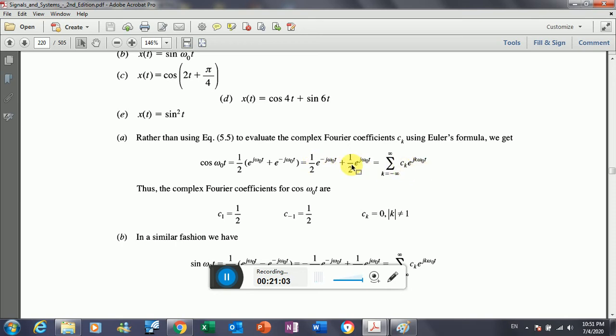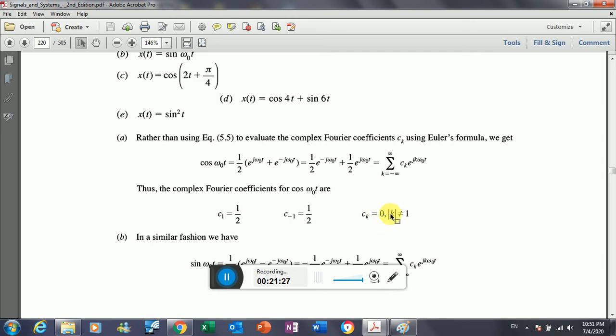So C1 is 1 by 2 and C minus 1 is 1 by 2 also. So C1 is equal to 1 by 2 and C minus 1 is equal to also 1 by 2. And all other Ck are 0 for k is not equal to 1.